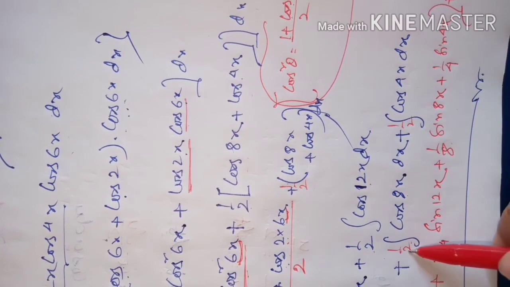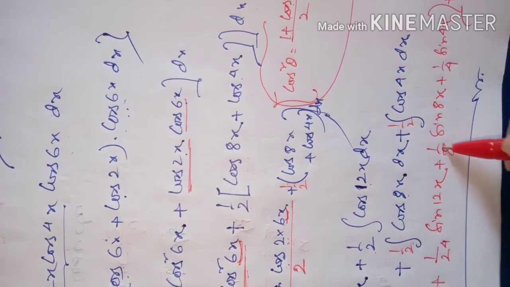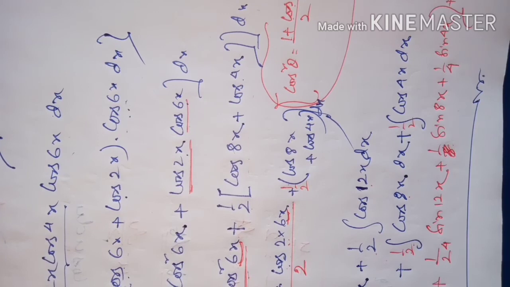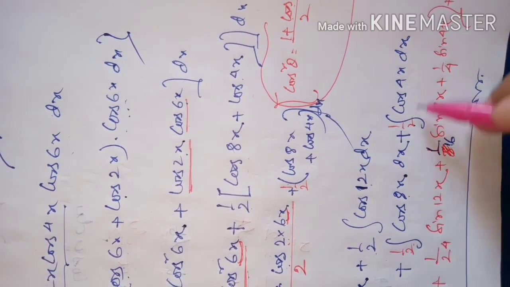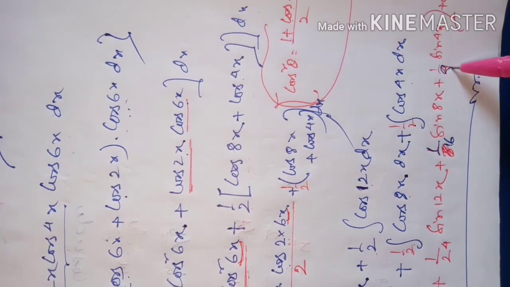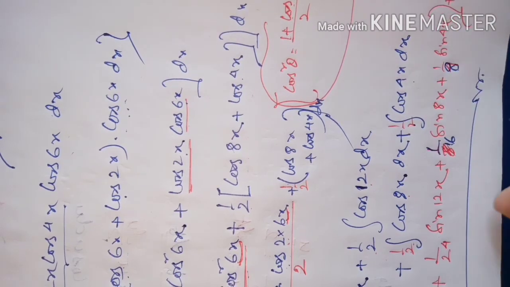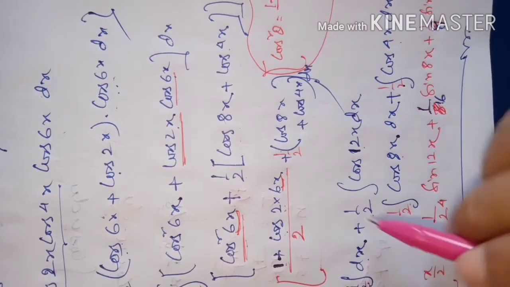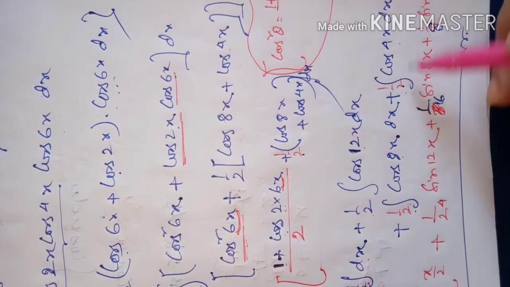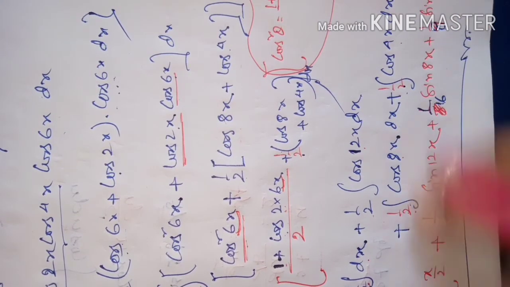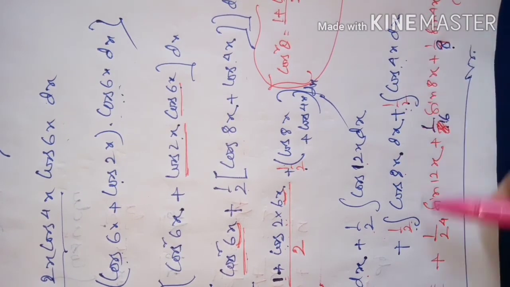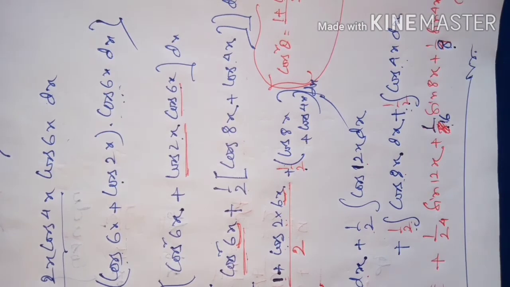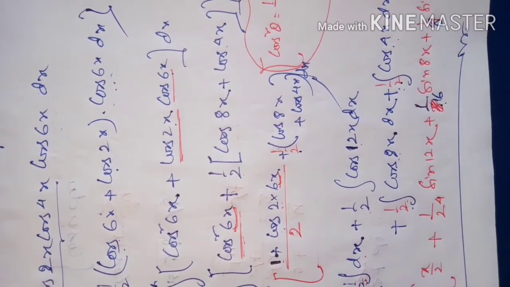Then half into 8, that is 16, so we can write 1 by 16 as a coefficient. Then half into this 4, that will be 1 by 8. Later on you can take this half again as a common factor, if you want to. Actually I forgot this half here, so I have written it now. This is our final answer. Here will be 1 by 16, here will be 1 by 8, because this half will be multiplied. That is the only change that is made. So it's okay now.